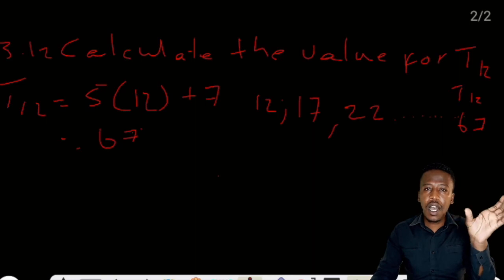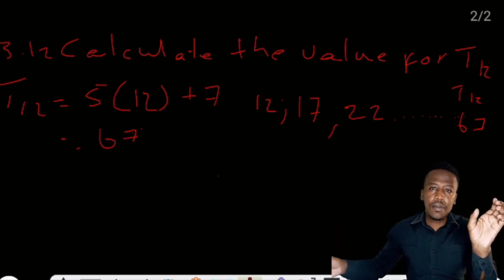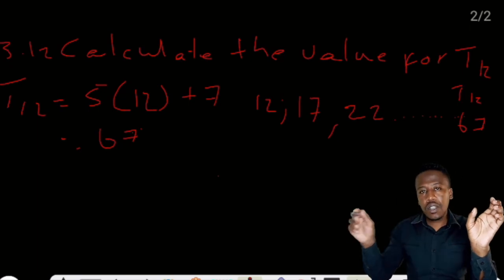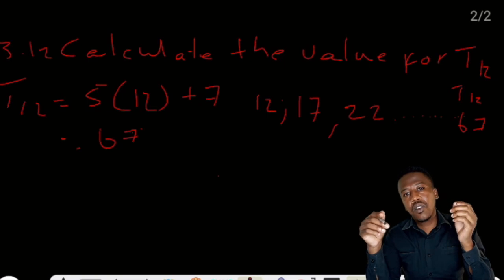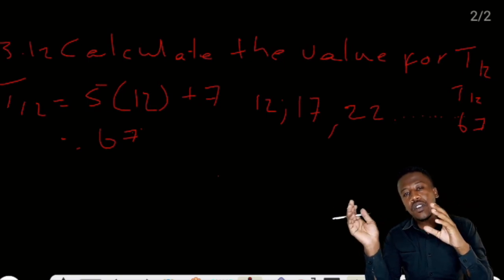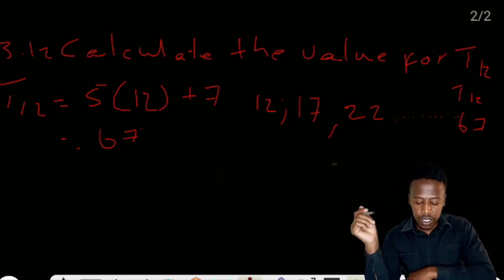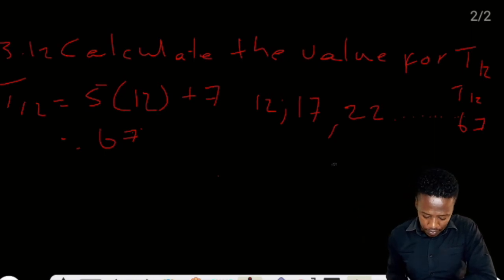So you say, I have three terms and the values for those terms, and they want me to calculate the 12th term. So go on and say the first term is this, the second term is this, and then all the way to the 12th term. That value for the 12th term is what I've just calculated, which is 67.